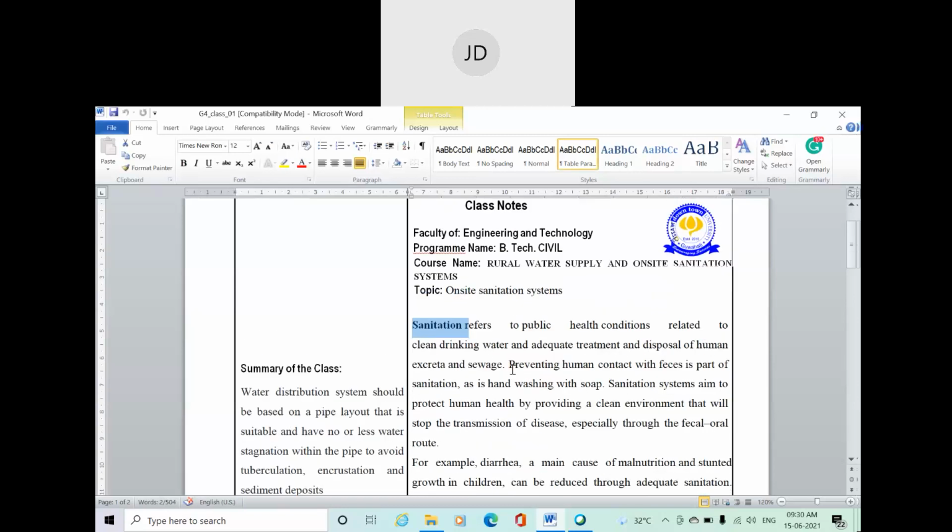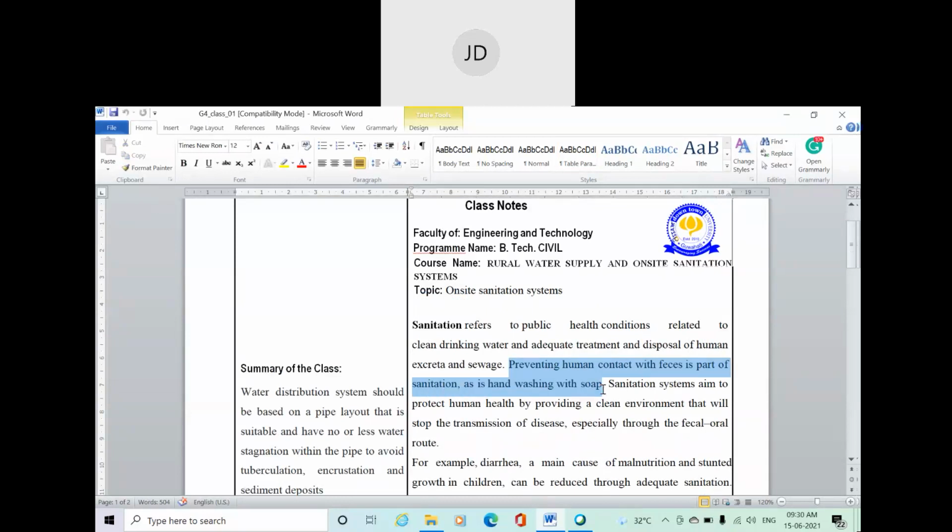Preventing human contact with feces is part of sanitation, meaning the waste part: the waste of wastewater, human excreta, or any other waste. Preventing human contact with feces includes, for example, hand washing with soap.